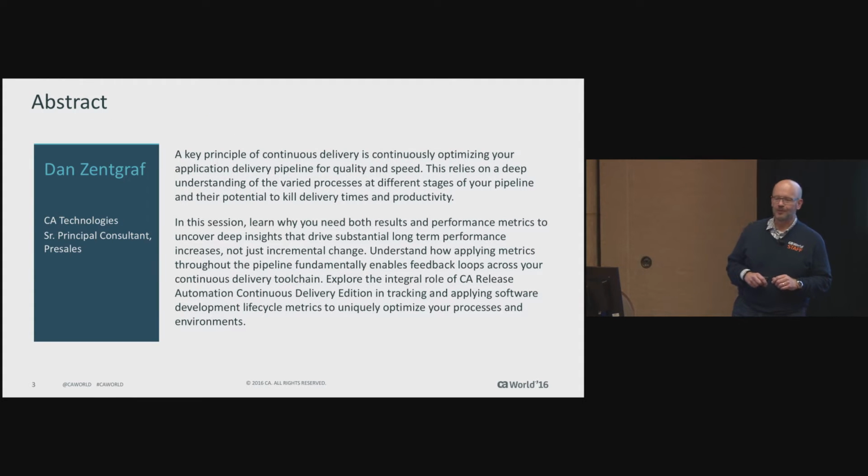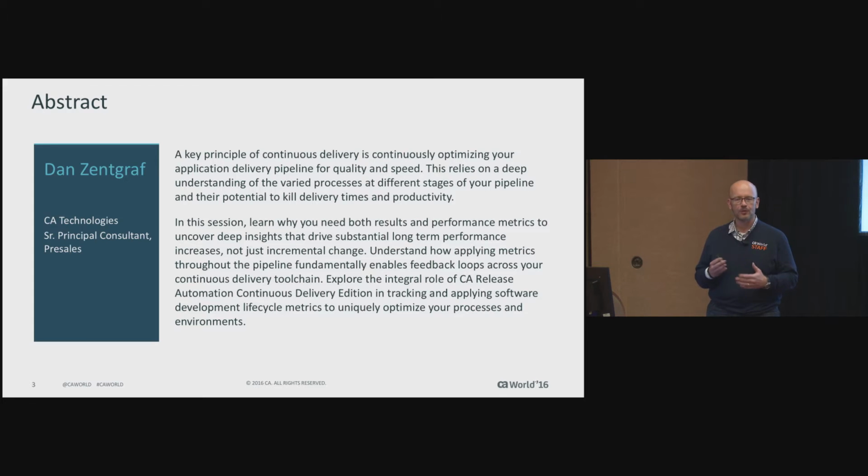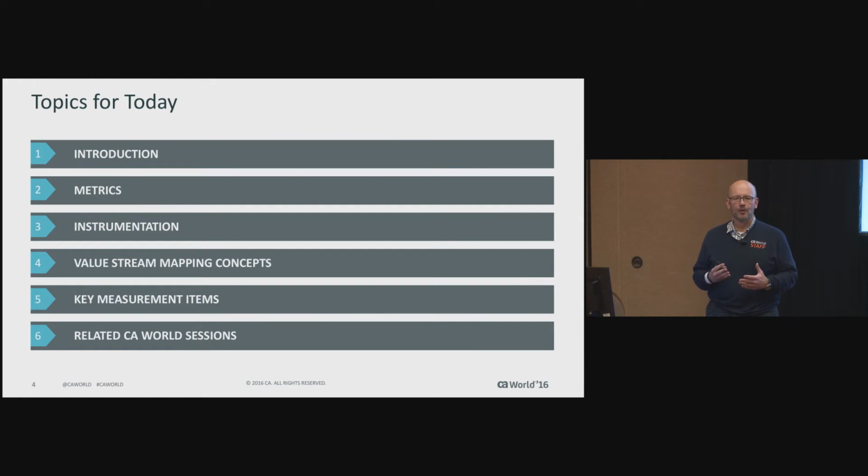So what we're going to talk about today is metrics. We talk about a lot of different things in the DevOps movement, but metrics is an important thing that we talk about but don't really talk very much in depth about. So I thought I'd take some time and get into that as a topic, to help everybody optimize their flow.